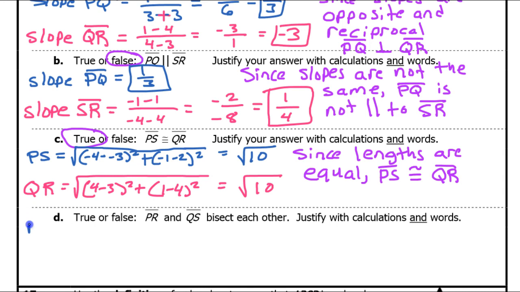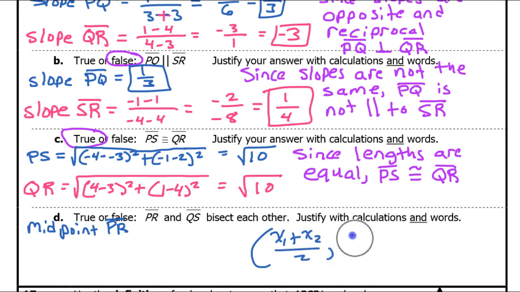So first I'm going to find the midpoint of segment PR. Let me do this off to the side: the midpoint is the average of the x's, comma, the average of the y's.